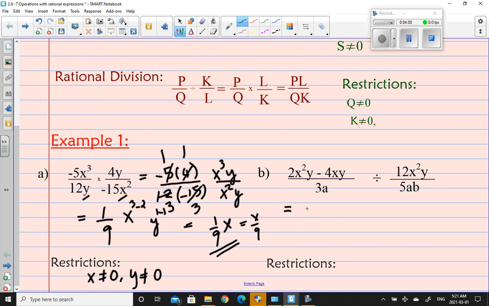So you could take out 2xy, and into brackets goes x minus 2 divided by 3a. And this changes to multiplication, and you flip the fraction, you get 5ab divided by 12x squared y.